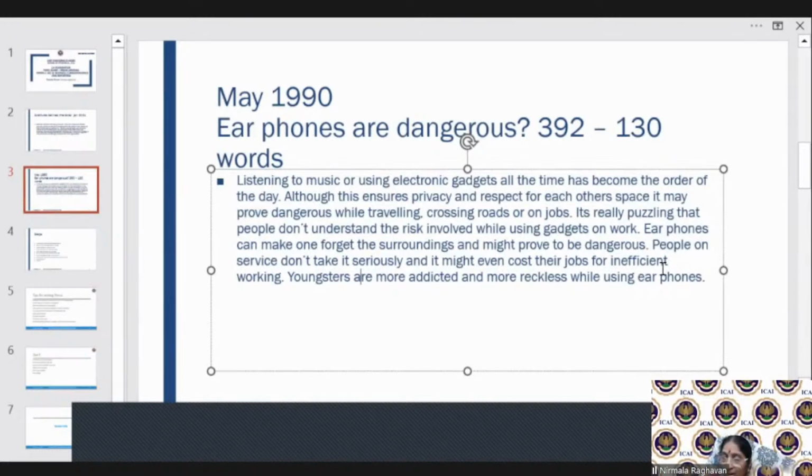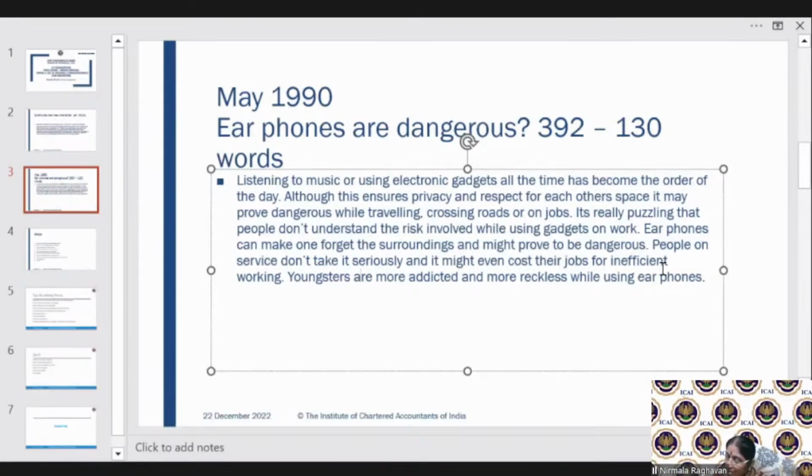Now it's your role to suggest maybe 2 sentences. 105, yeah, it's 105. To suggest 2 sentences that I can add on to make it 130. Tell me 2 sentences that I can add here. Quick.